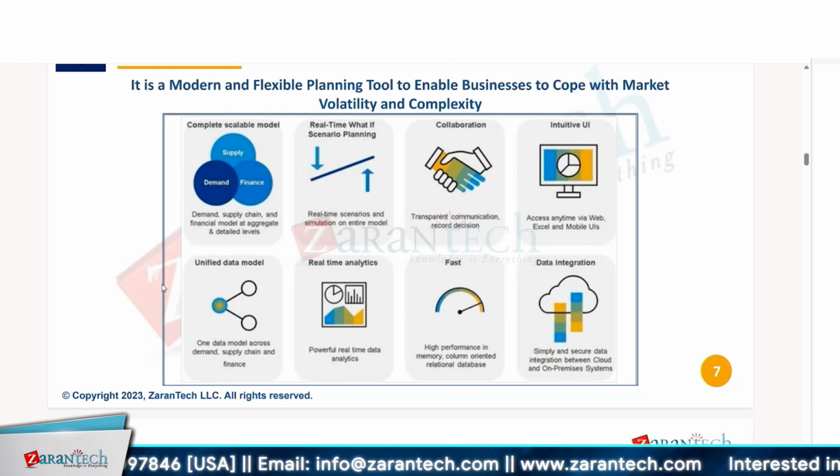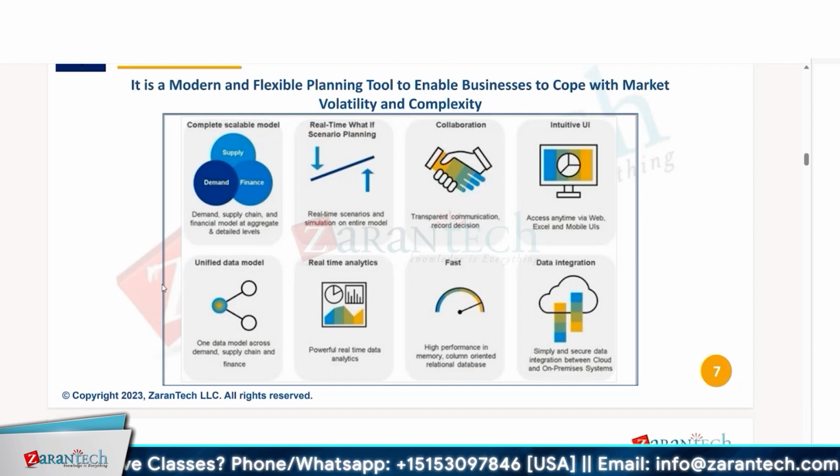IBP mainly focuses on the most effective and flexible tools, because IBP is designed to build maximum flexibility within the organization. The more flexible an organization is, the more adaptable it is to change, and the faster it can respond to changes in the market.